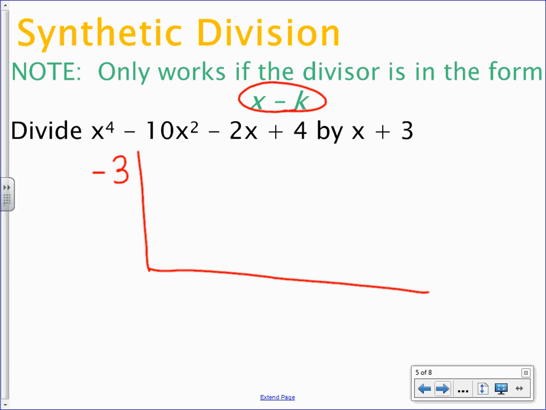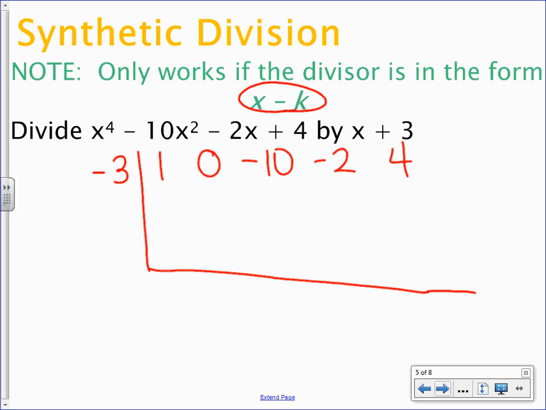Now, we just need to take these coefficients and list them out here. Are we missing any terms? You always need to look first if you're missing any terms. We are. We have 1x to the 4th plus 0x cubed minus 10x squared minus 2x plus 4.